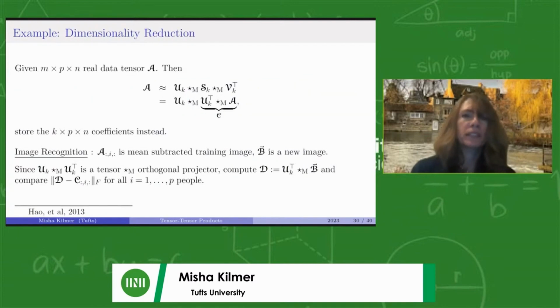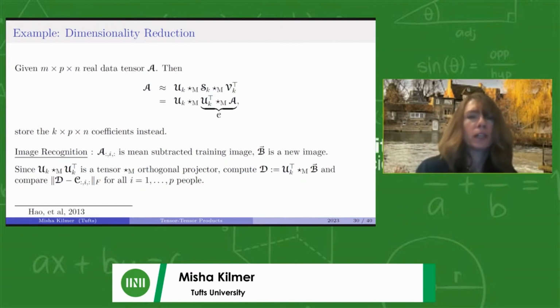And what is nice now, I've got the whole framework, the whole setup to be able to think about these tensors in the way that I'm used to thinking about them, in terms of matrices, right? I can define orthogonal projections, for example. And one application where one of my former PhD students was able to show that this is useful is in facial recognition.